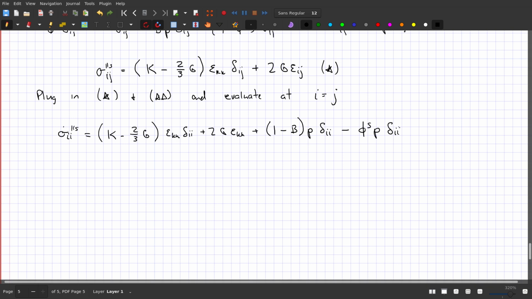What is delta ii? 3. Right? It's the trace of the Kronecker delta function. Kronecker delta function is like an identity matrix, right? So it's 3.